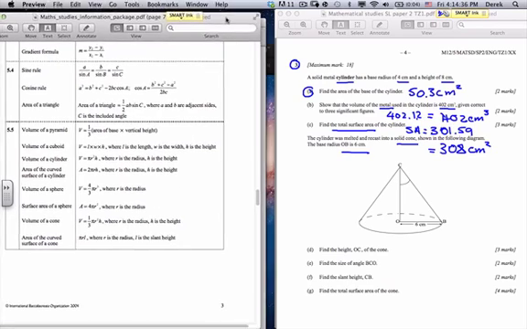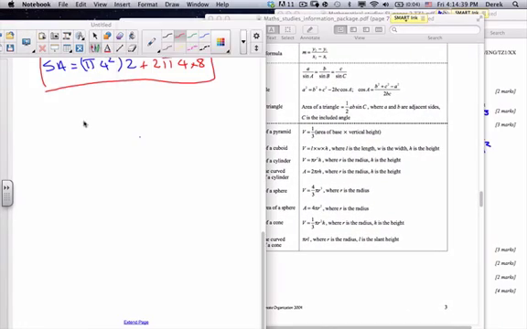The volume of a cone is equal to 1/3 pi r squared h.